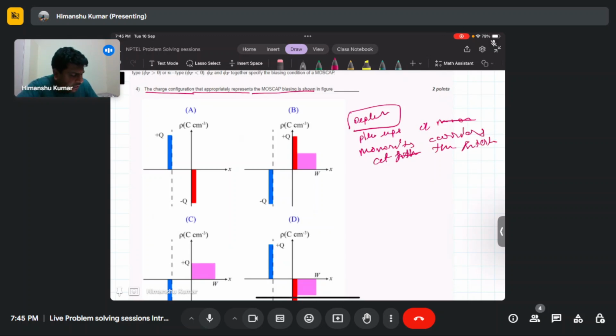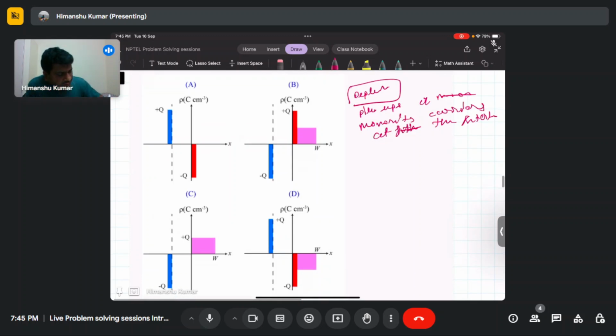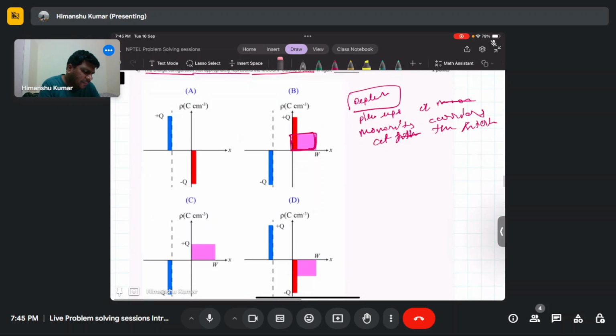This pile up will happen by removing the majority charge carriers from this region, leaving immobile ions behind, so this region will be depleted of majority carriers and there will be a depletion charge.